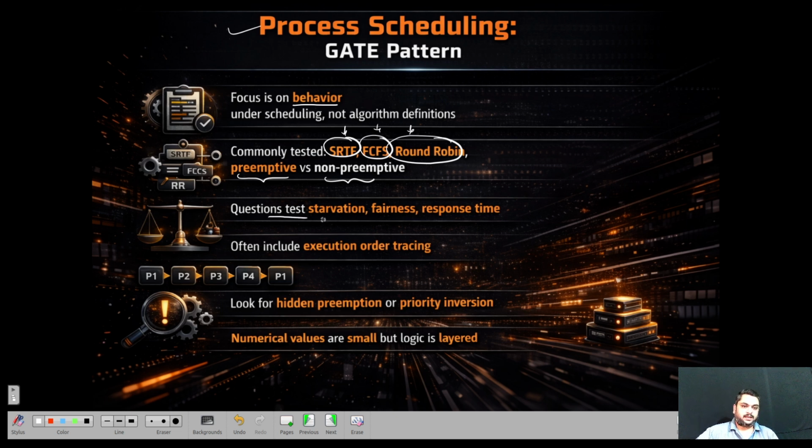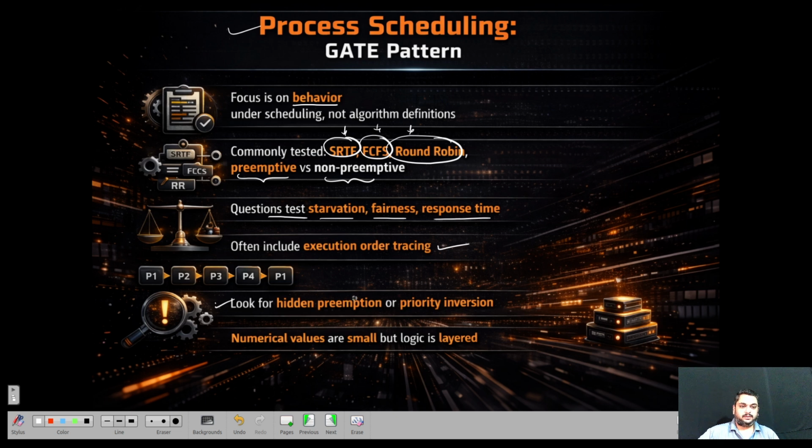The question may ask about fairness, that is waiting time, then response time. Often they include execution order tracing, in which order the processes complete, or what is the completion time of a particular process. You have to be careful because it will be a tricky question.